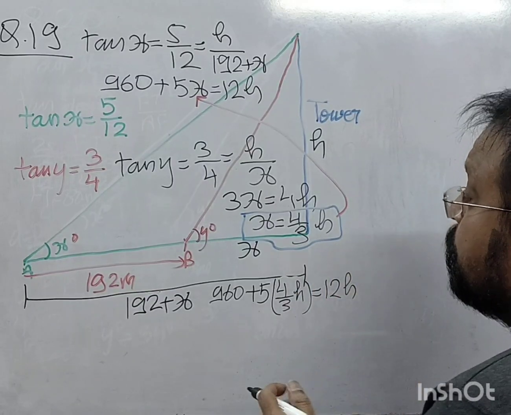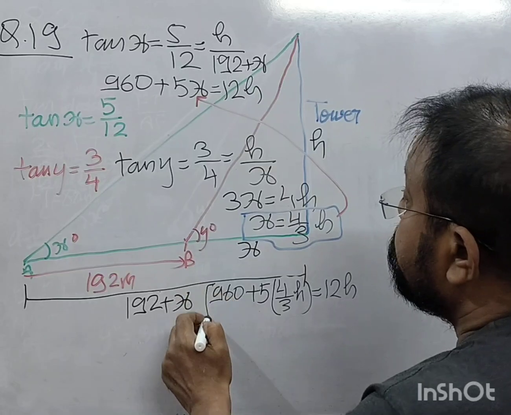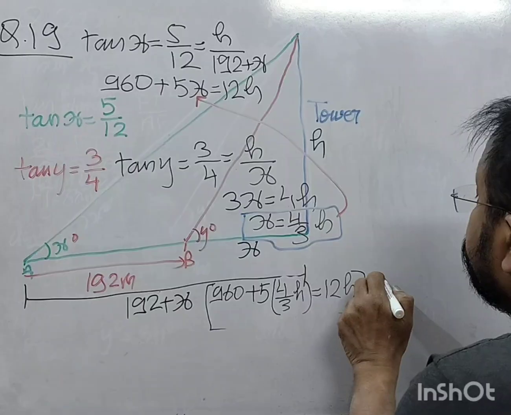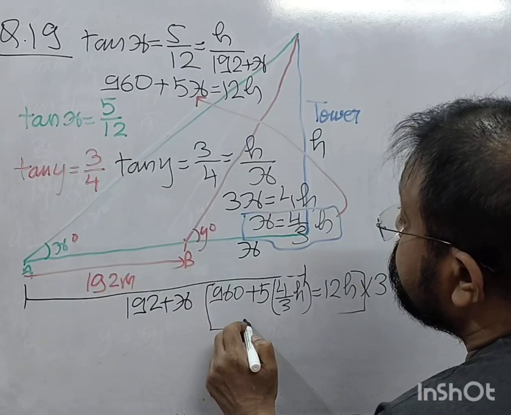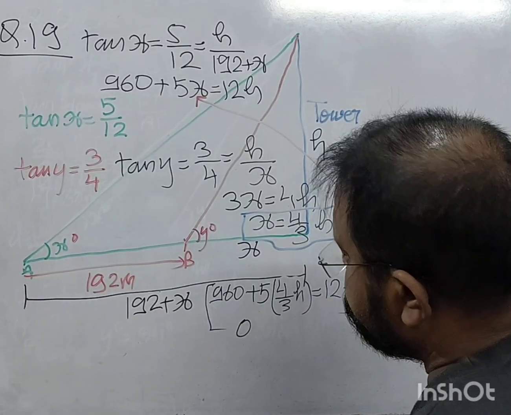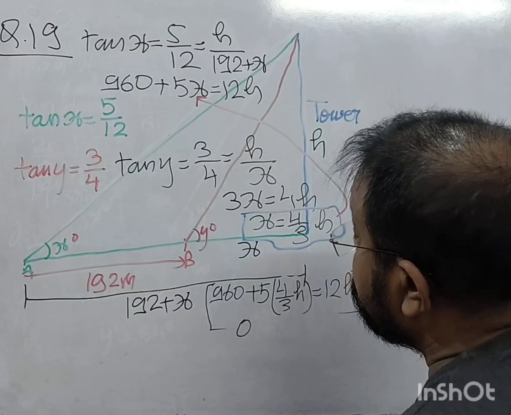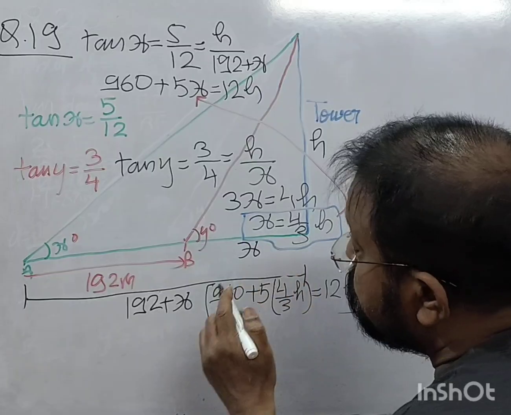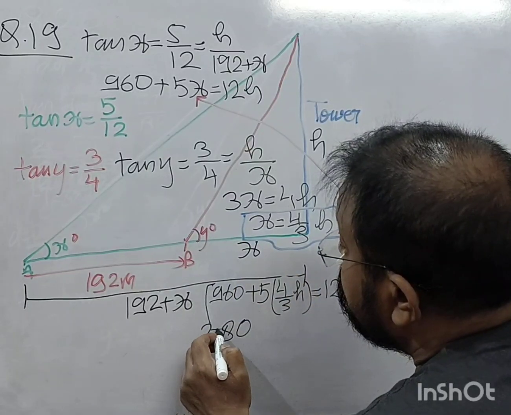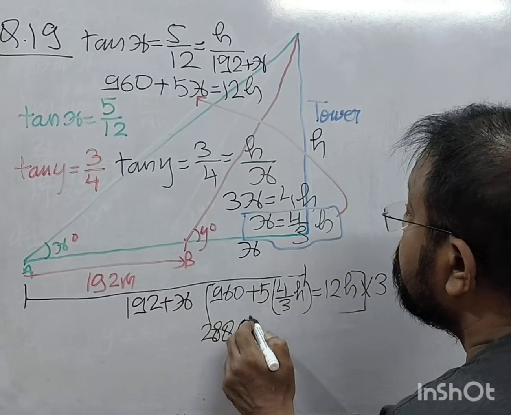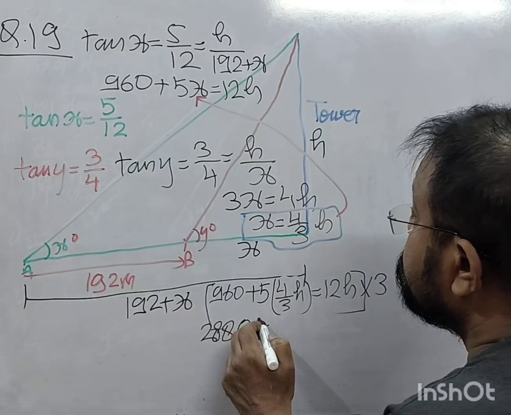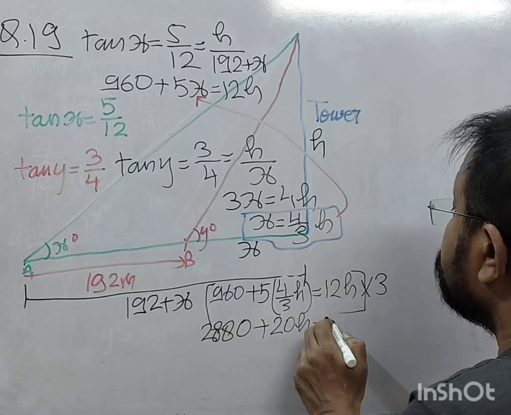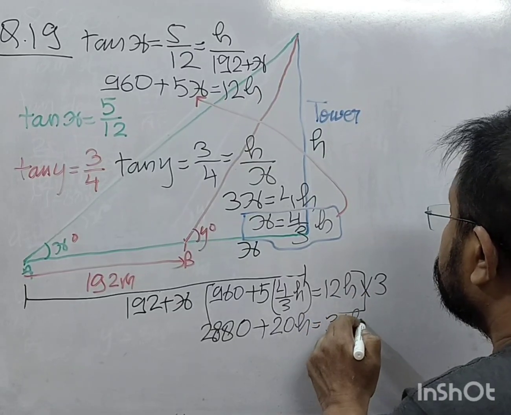Okay. Done. So this whole equation is multiplied by 3. So you get how much? 6 times 3 becomes 18, 9 times 3 becomes 27, 2880 plus 20h is equal to 36h, right?